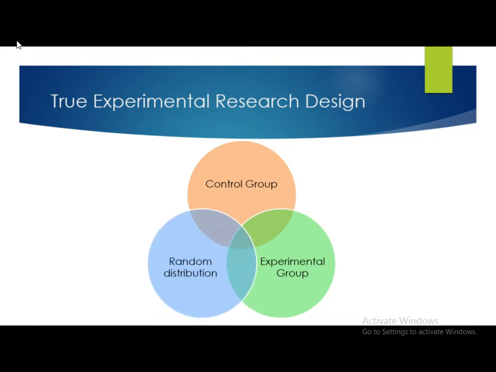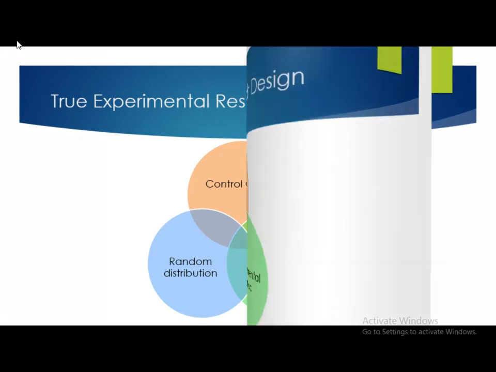Then variables which can be manipulated by the researcher, and random distribution. This experimental research method is commonly implemented in physical sciences.